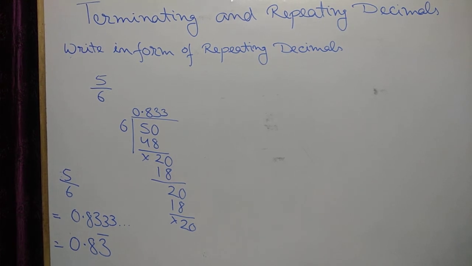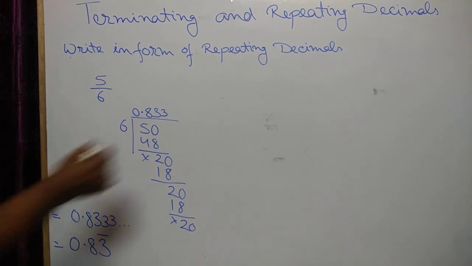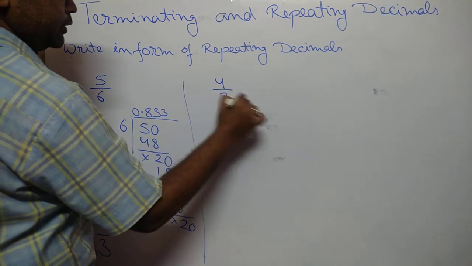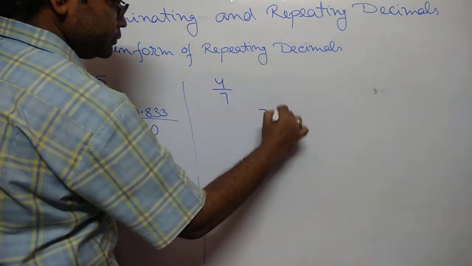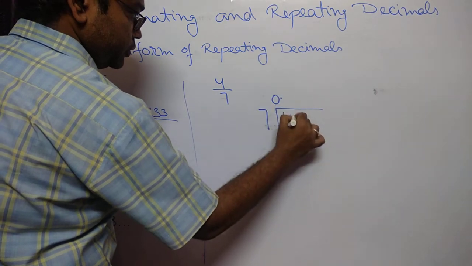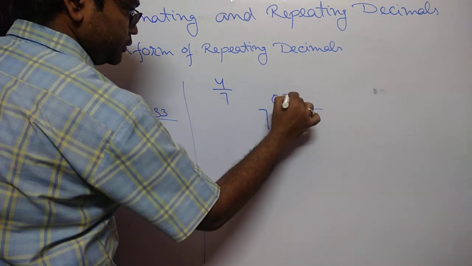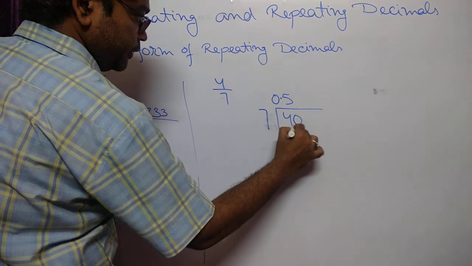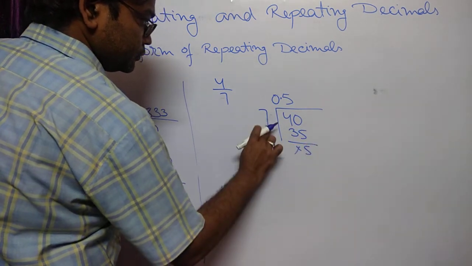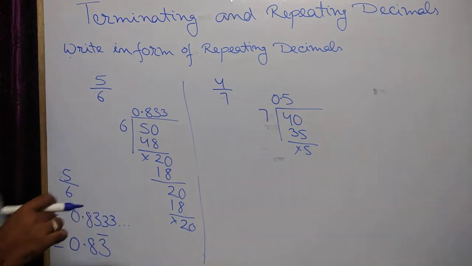I am picking the last question, 4 upon 7. We do the actual division. Decimal, 0, 7 5s are 35. Okay.